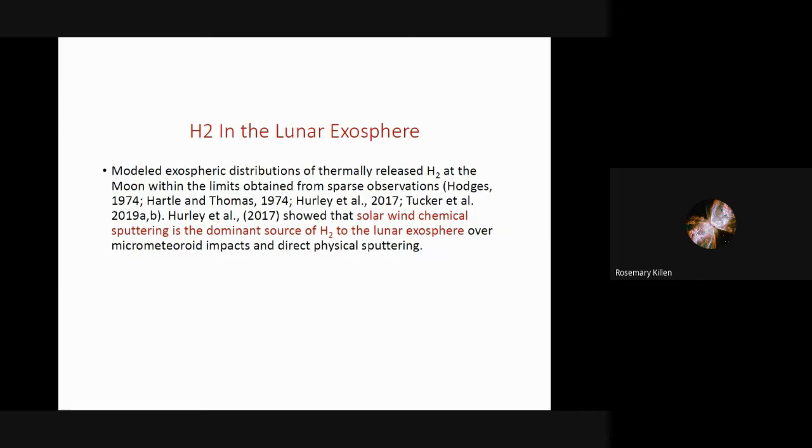It's caused by the solar wind implantation, the protons, and it's called chemical sputtering because the H2 is derived from a chemical reaction between hydrogen and oxygen bearing soils, which also make water, but you'll hear about that from Parvati. So next slide.